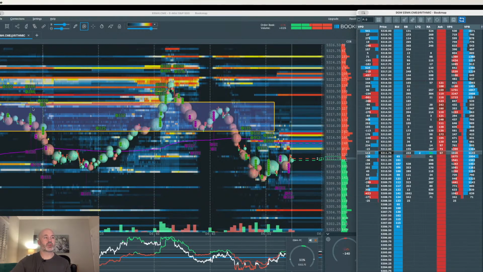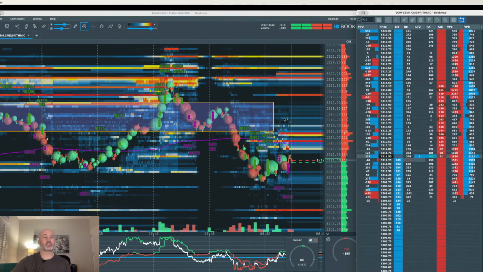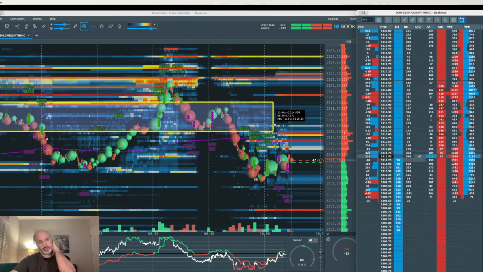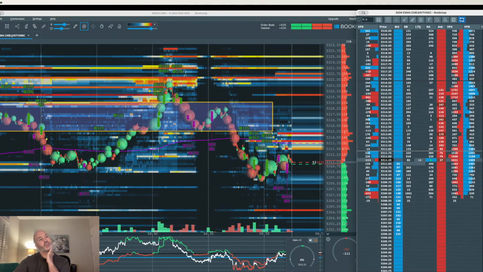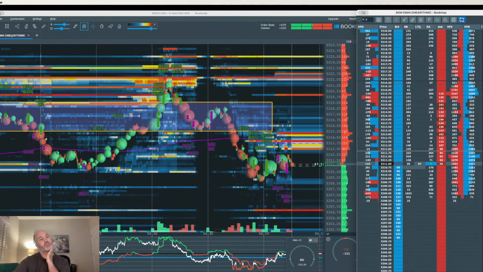But ideally, I'd see the market come back up into here, and then I take a short. But it might be actually a good time to take a short here now because of the absorption.